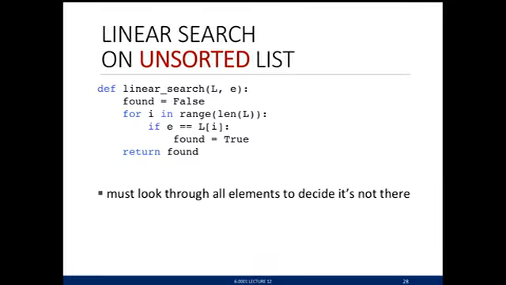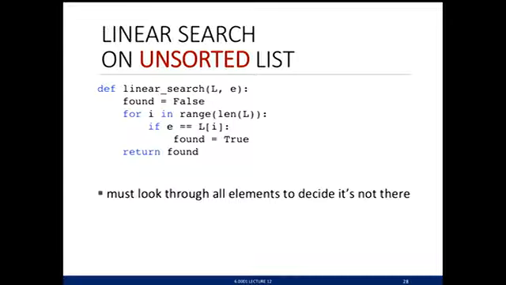I'm going to set a flag initially to false, and then I'm going to loop for i from 0 up to the length of L. I'm going to use that to index into the list, pull out each element of the list in turn, and check to see is it the thing I'm looking for. As soon as I find it, I'm going to set the flag to true. Okay?